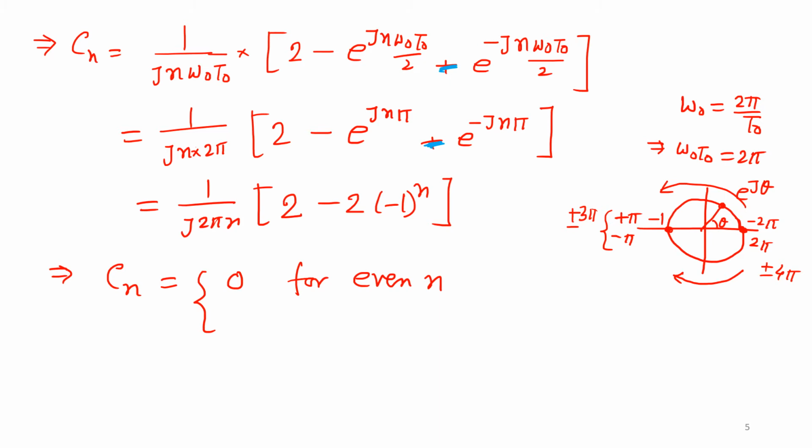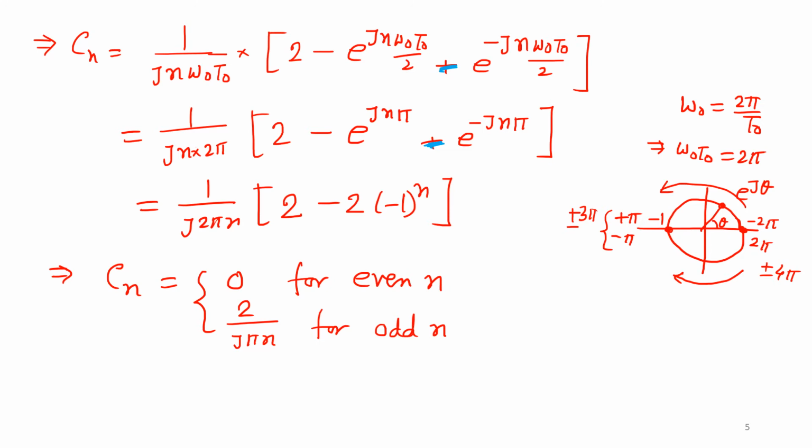And for odd n, this 2 plus 2 becomes 4, so 4 upon j 2 pi n, that means 2 upon j pi n. So these are the coefficients. Now we can find the corresponding an and bn, all those things.